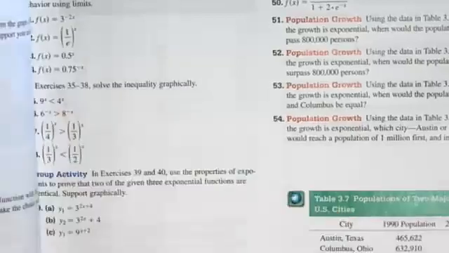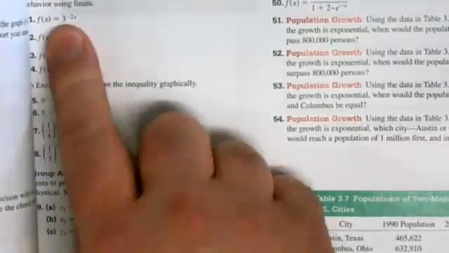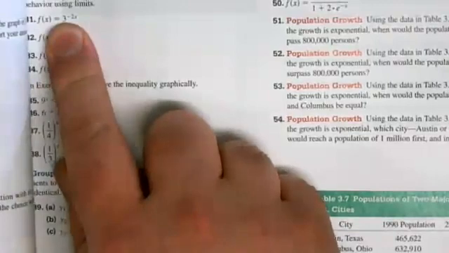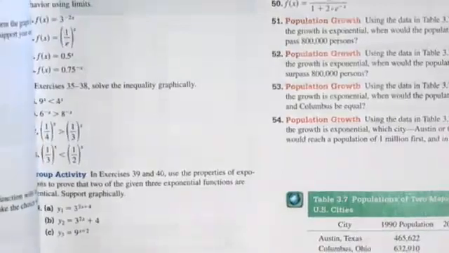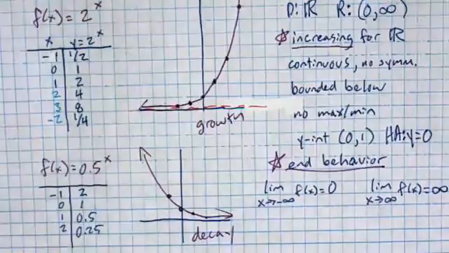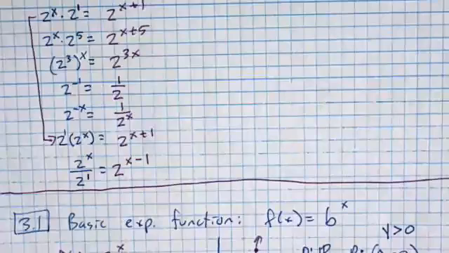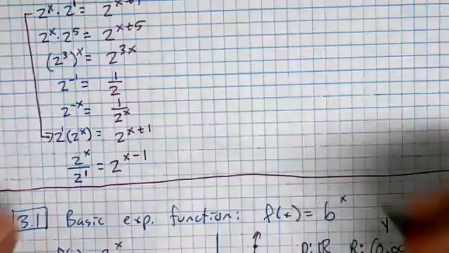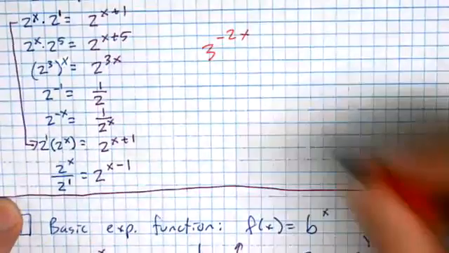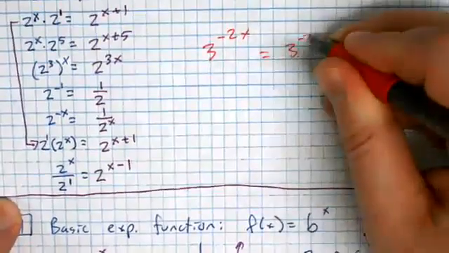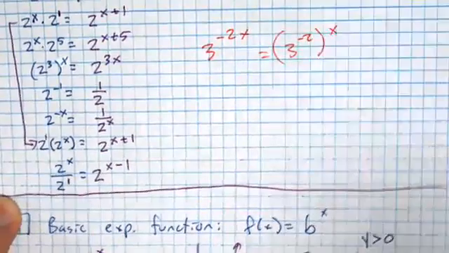So there's some of these. Now, some of these you're going to have to do something with, like this one, 3 to the negative 2x. You would need to turn that into something that looked like something to the x power. So that's where you'd want to fall back on your exponent rules that we did there. So I'll just show you what that'll look like. They say 3 to the negative 2x. You would need to rewrite that as 3 to the negative 2, to the x.